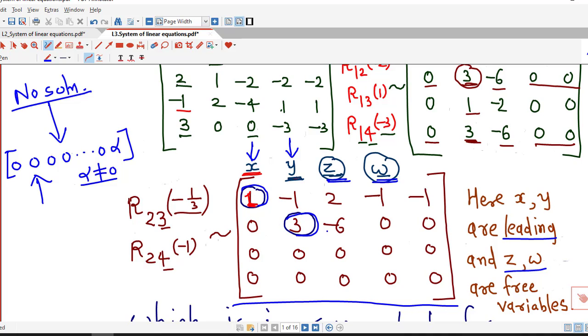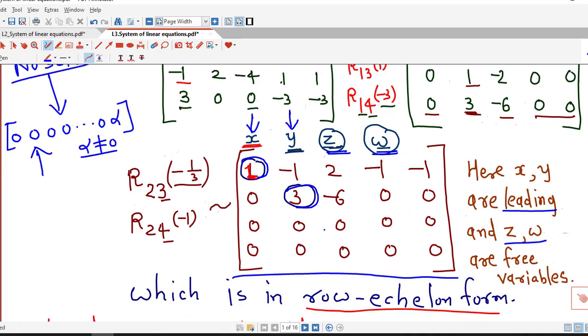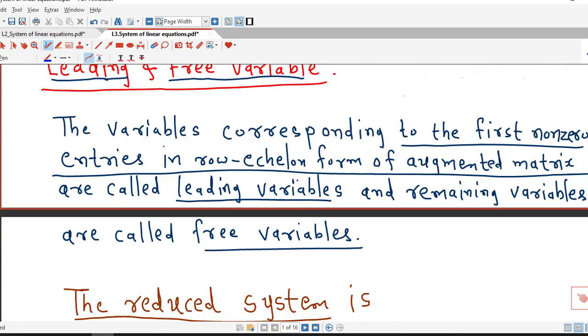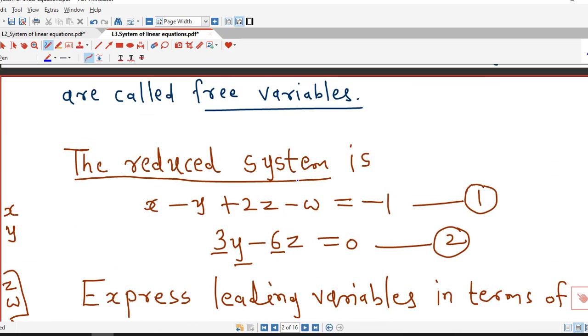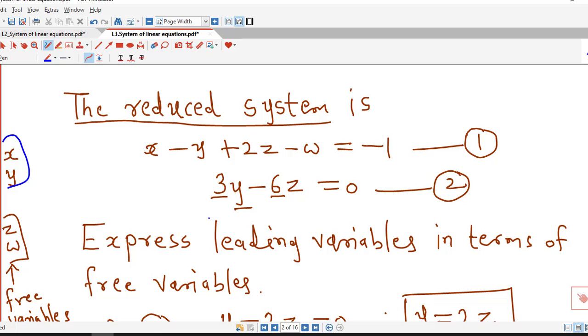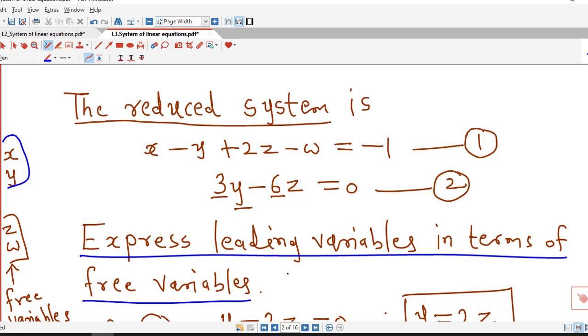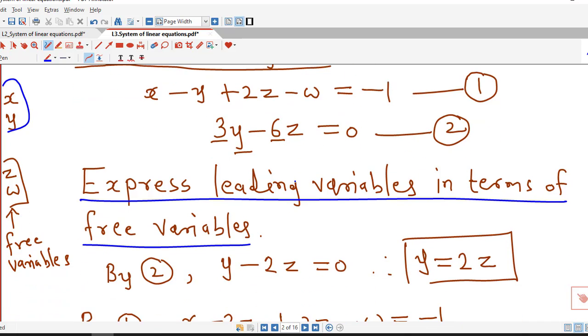Now to write down the infinite number of solutions, we first write down the system corresponding to row echelon form, and then we express leading variables in terms of free variables for each equation, starting from the last equation. So in the last equation, y is a leading variable, z is a free variable.